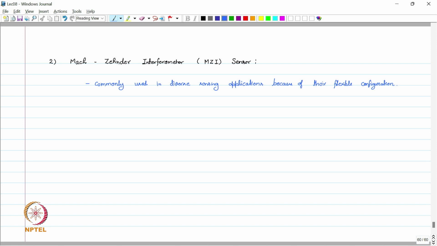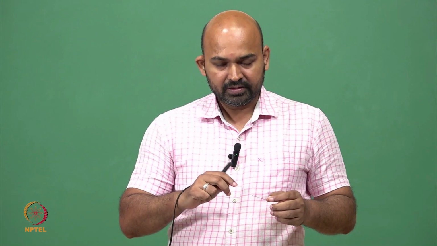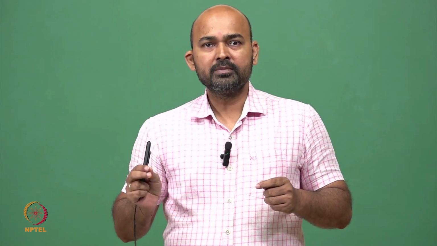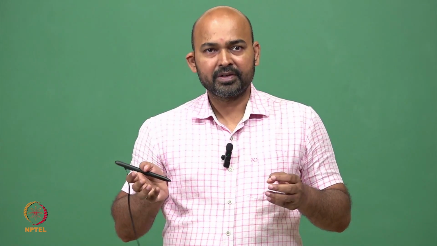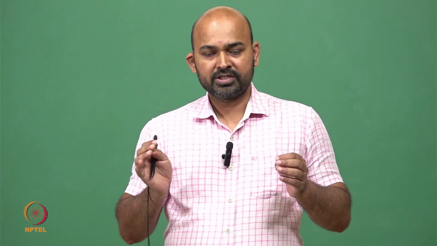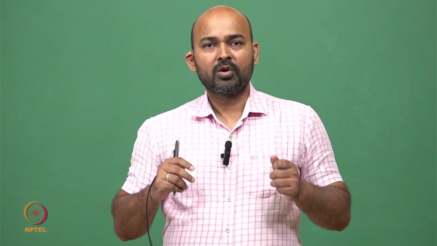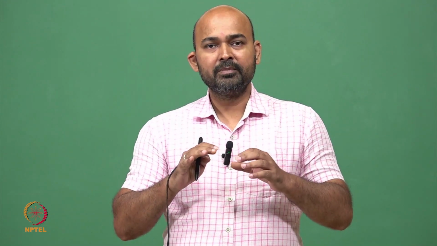These MZI sensors have a very flexible configuration, and they basically have two arms. One arm is considered a reference arm, which we do not change, and the other arm is called the sensing arm, where we apply the measurement.